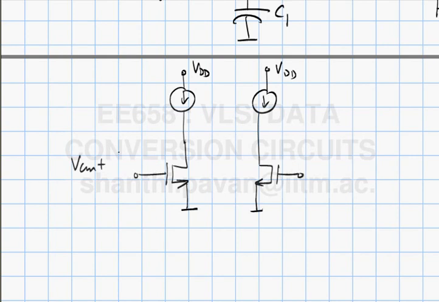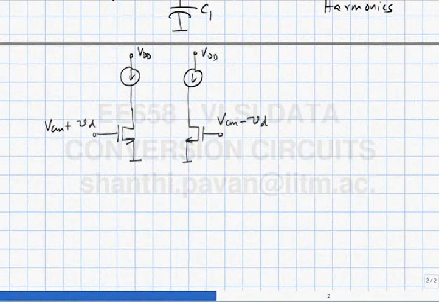This is VCM plus VD, this is VCM minus VD, the beginning of a simple operational amplifier as we have seen. Because an operational amplifier is going to be sitting in a negative feedback loop, and its job is to take the difference between the fed back quantity and the input quantity and multiply it by a large number. The job of the op amp is to basically gain up the difference between two voltages.